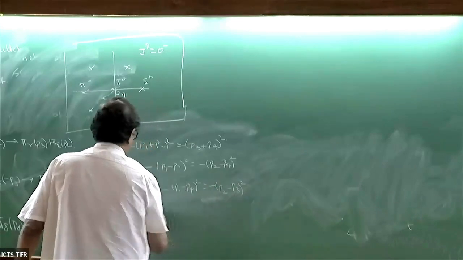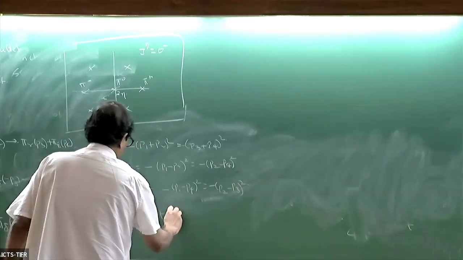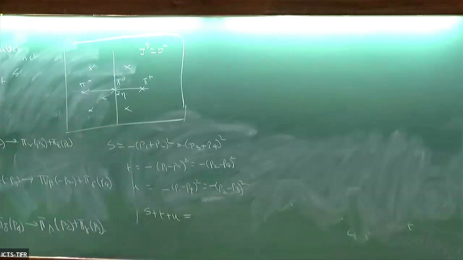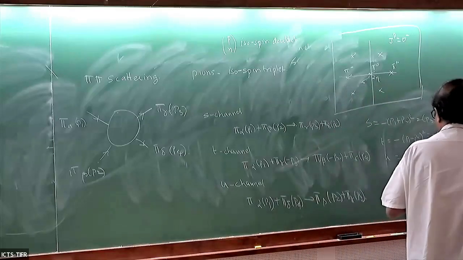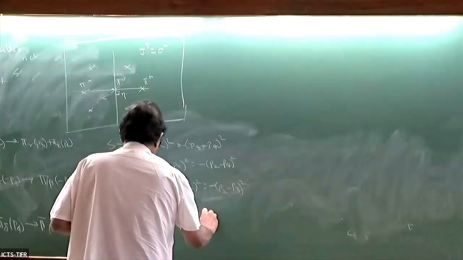And I ask you, what is s plus t plus u? These are the Mandelstam invariants. It is the sum of the squares of the masses, and in this case they're all the same, so it's obviously 4 m_pi squared.